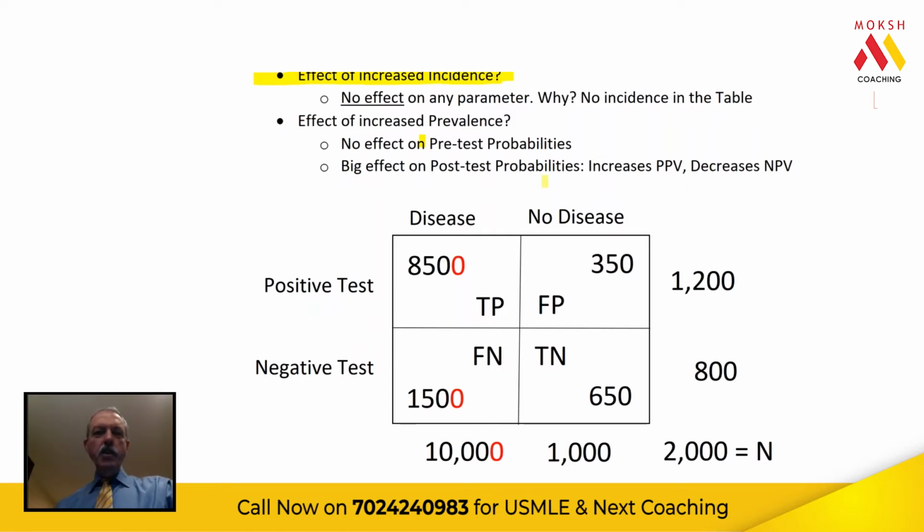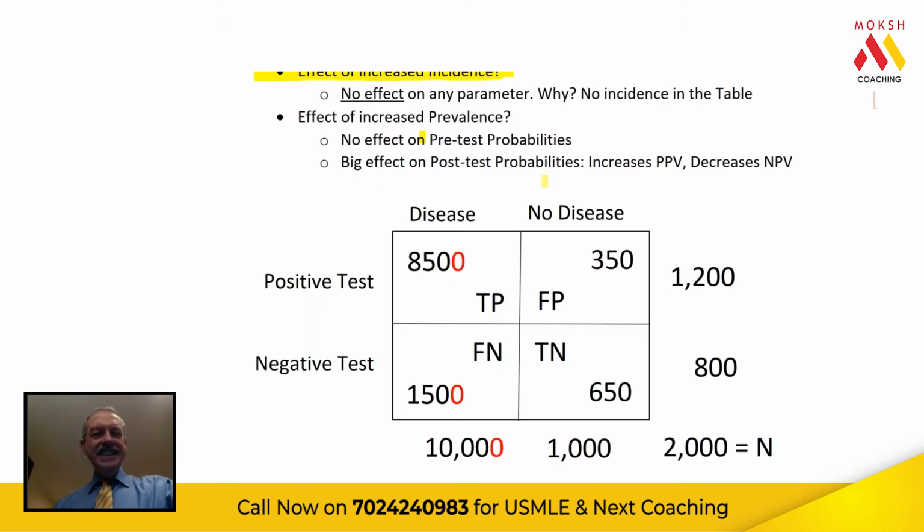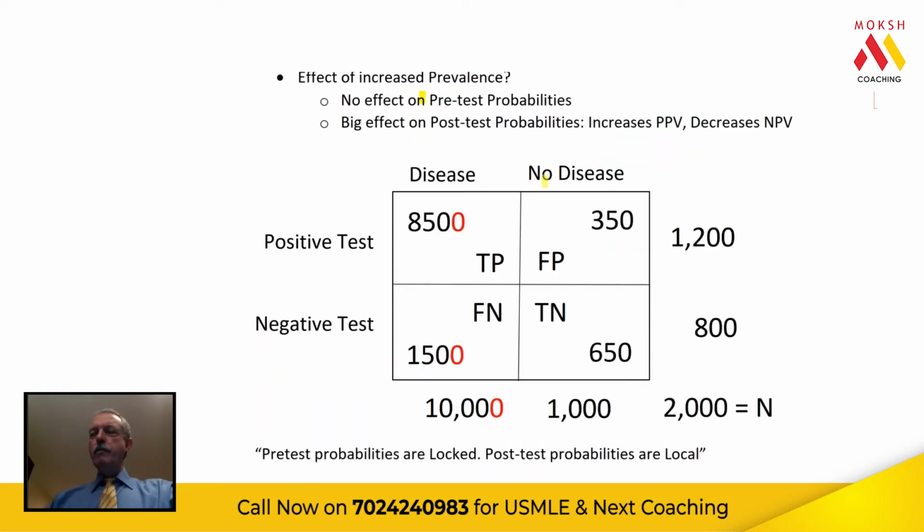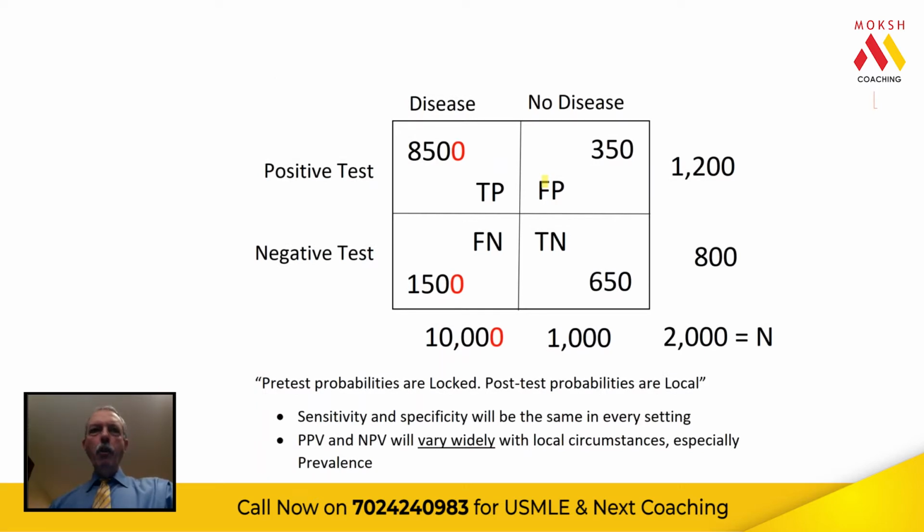Well, take a look at the 2x2 table I've been working with. What would be the incidence shown in this 2x2 table? The answer is, please listen, there's no incidence here at all. A screening test is not looking at when people develop disease, it's looking at whether people have or don't have disease when the test is run.